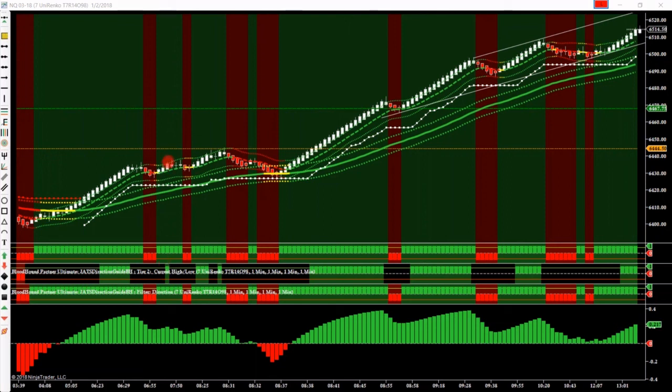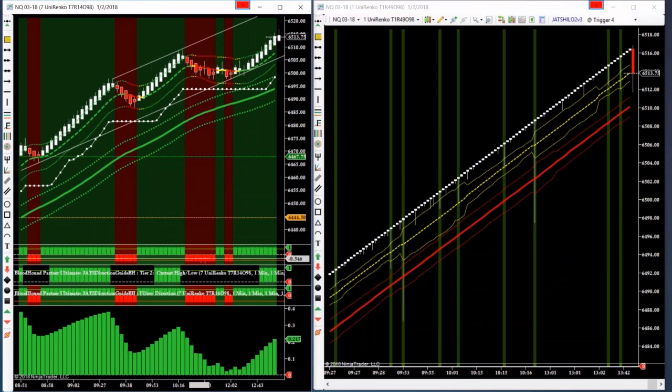So like right here, we broke the current high. So that's what this signal is. And so that's what you want to be seeing in a strong trending condition. So that's why I went ahead and added it to the chart. And then you can mix and match your bands however you like to see them.